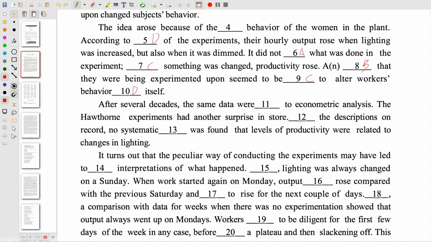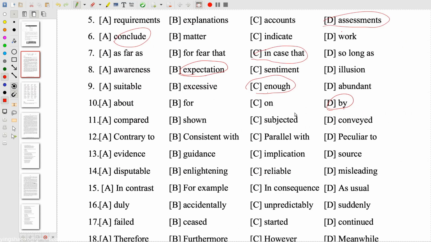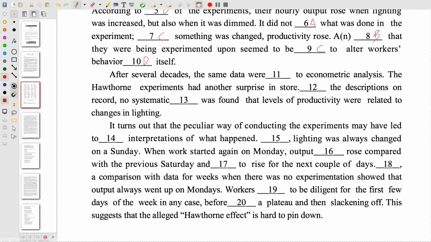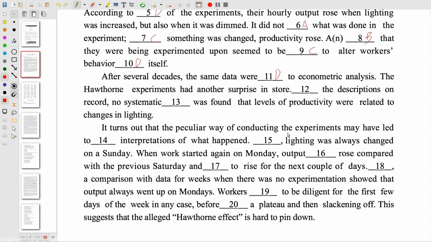I choose D. After several decades, the same data were subjected to econometric analysis. I choose D. The Hawthorne experiments had another surprise in store. In the descriptions on record, no systematic evidence was found that the levels of productivity were related to changes in lighting.